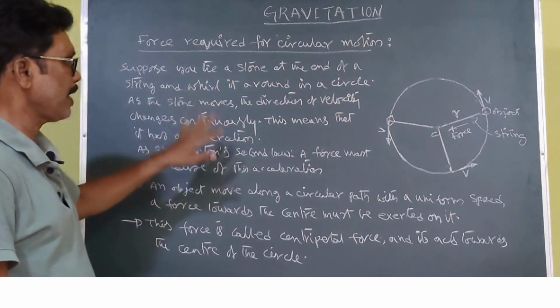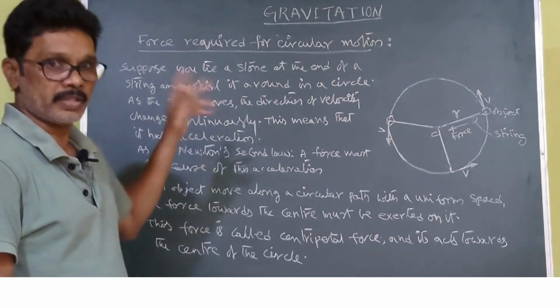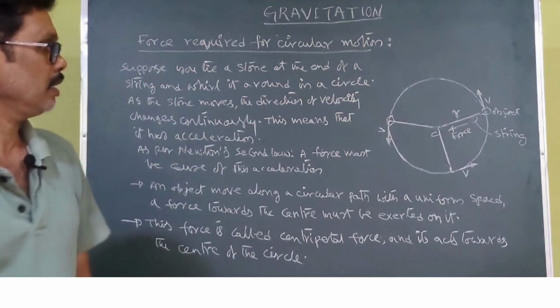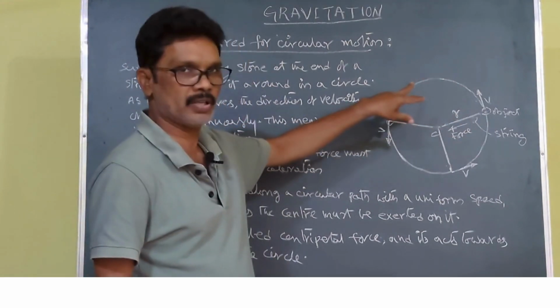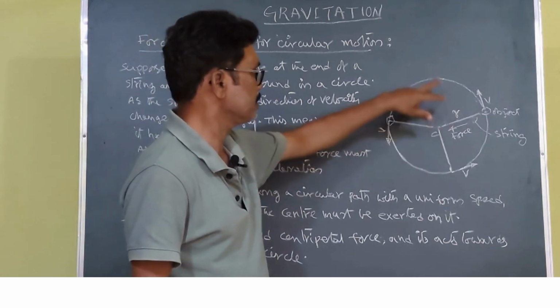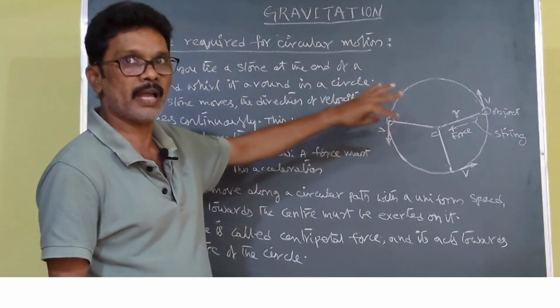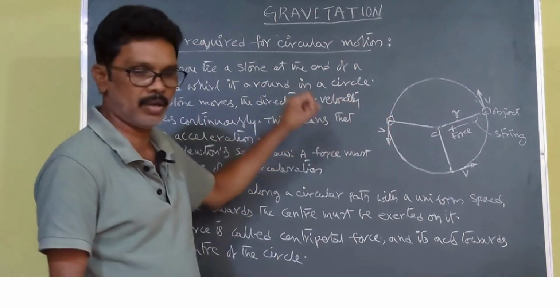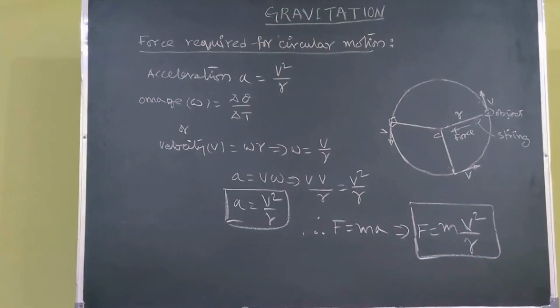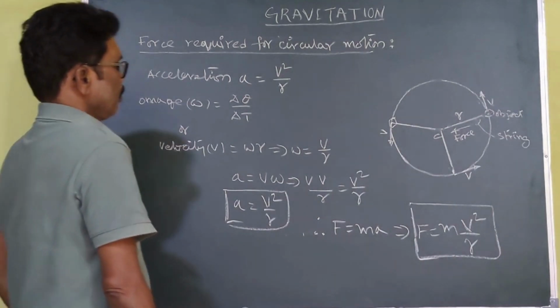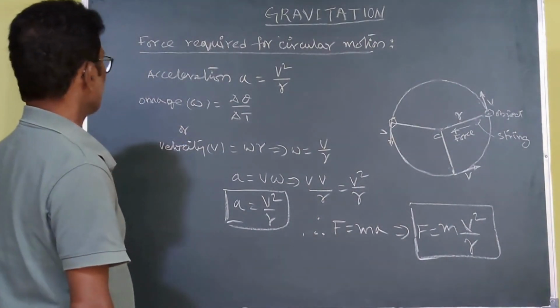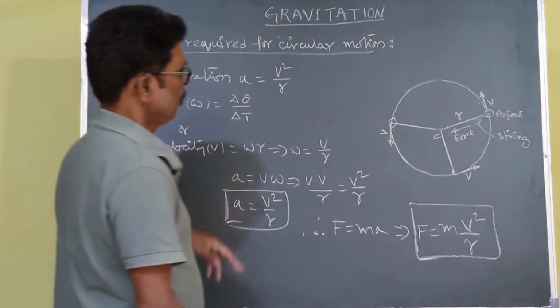So this is the force required for circular motion. From this we can find out the acceleration. While this object is moving with uniform speed at different points, we can find out how it is accelerated.